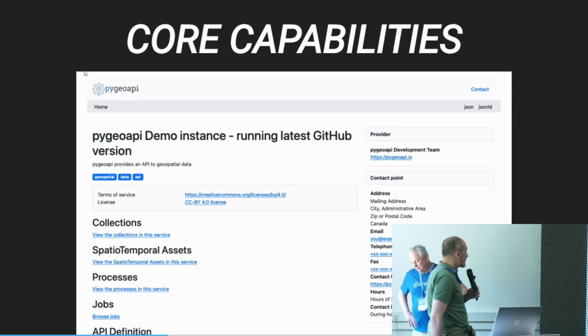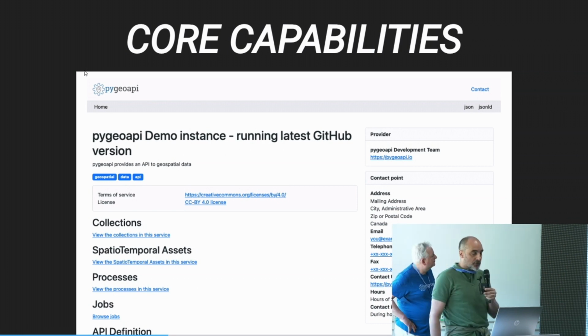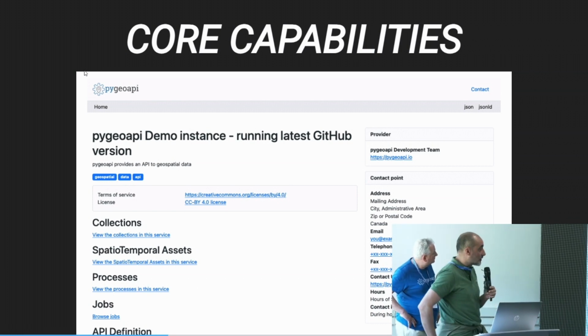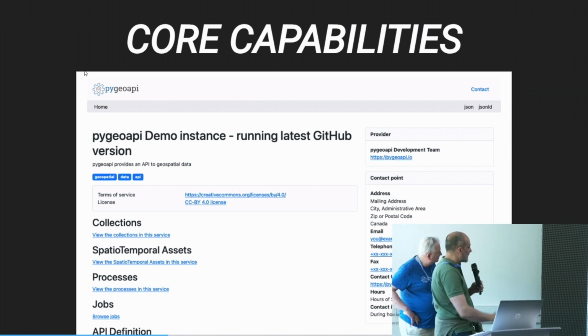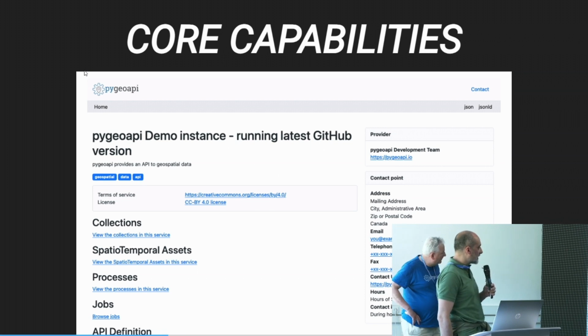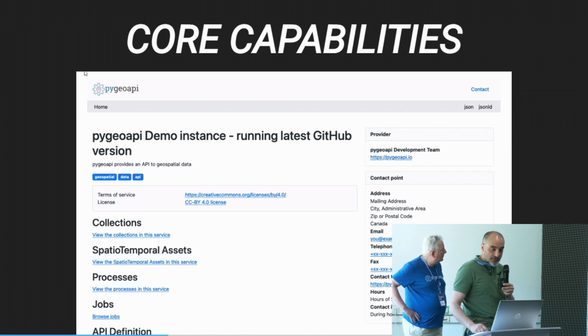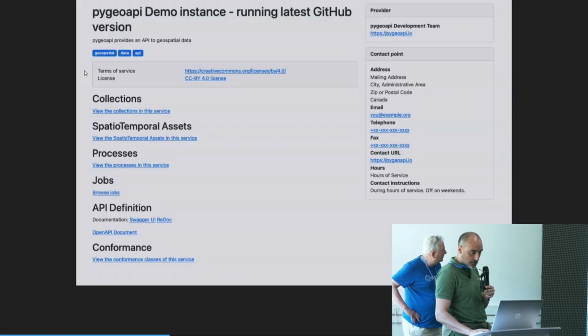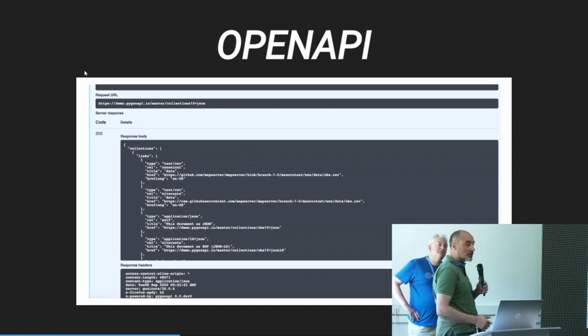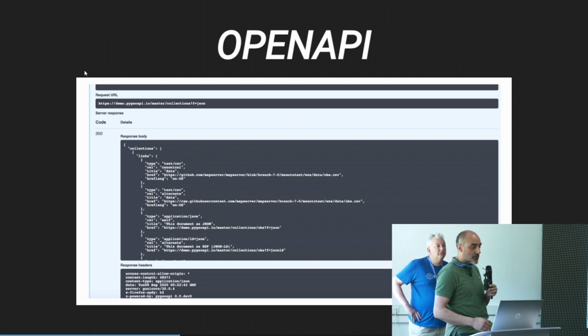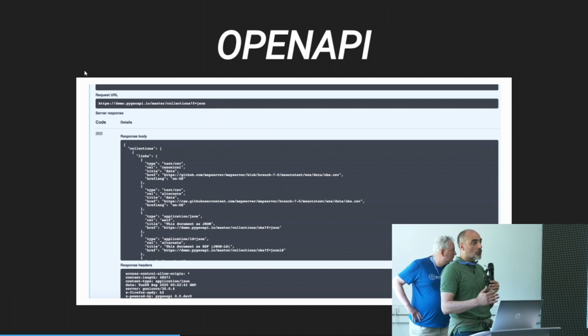Core capabilities. We support a number of core capabilities from the modern OGC specification. Here we have the landing page, where there are some of them. Let's go through what is supported in terms of standards. But first of all, it's important to say that the core foundation is OpenAPI.